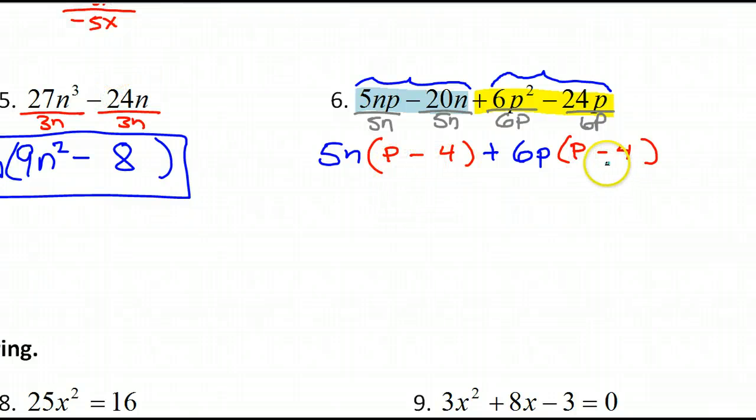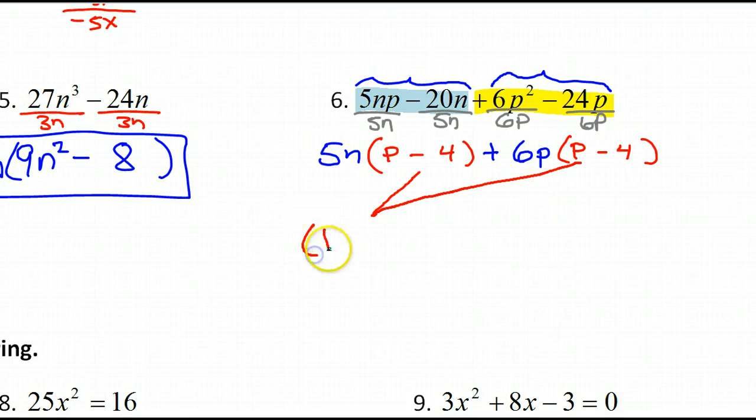Now, since these parentheses are the same, what you do is you bring them out. These parentheses themselves are a common factor. So p minus 4 is a GCF that needs to be brought out front.